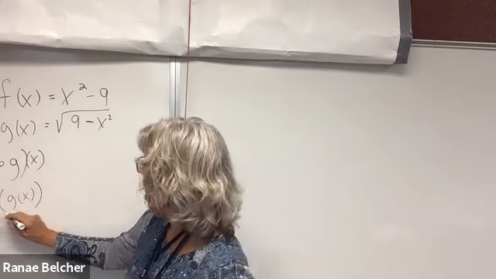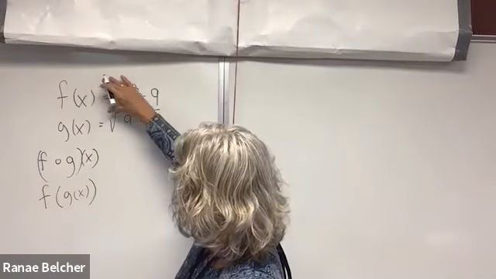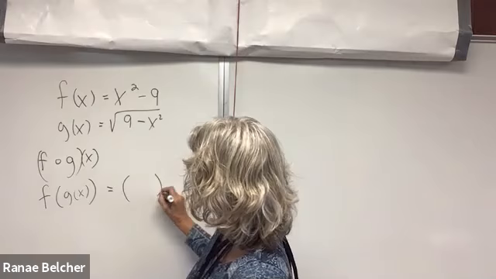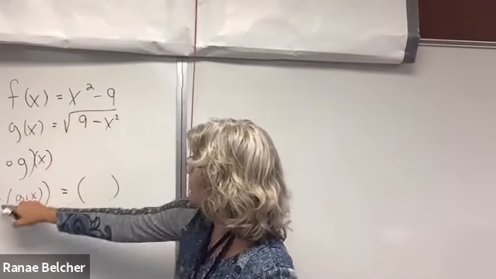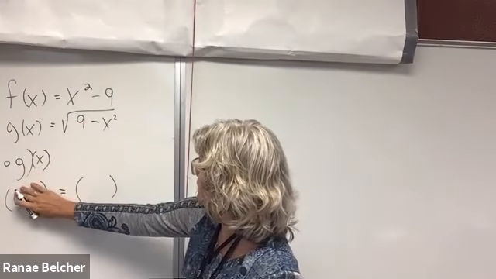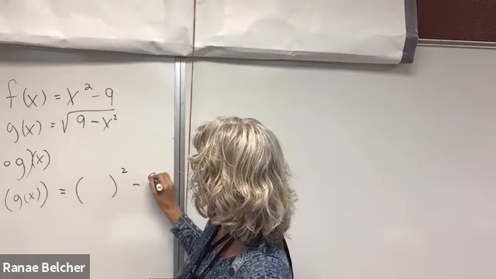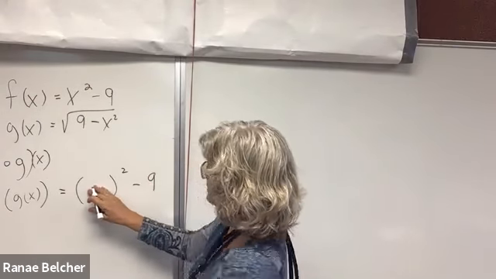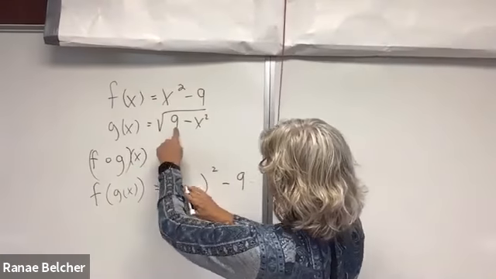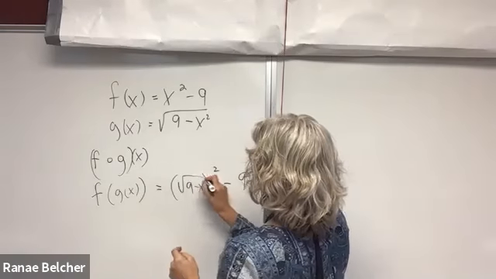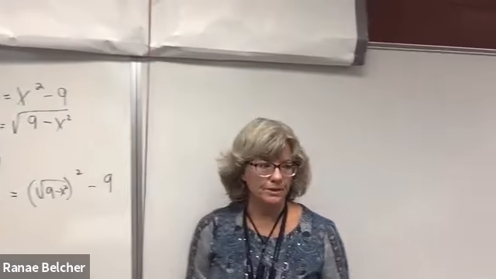In this case, here's f. So f is, and I'm going to put parentheses here for x, because I'm writing f of something. Here's the x squared, and here's the minus 9. And in for x, I'm going to put g of x, which is the square root of 9 minus x squared. What do you notice happens there?